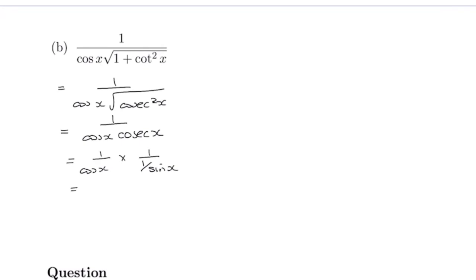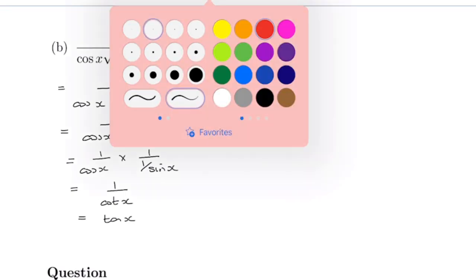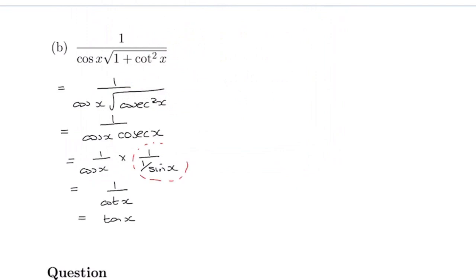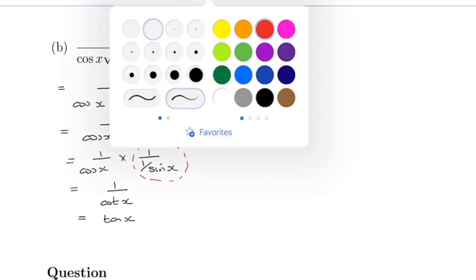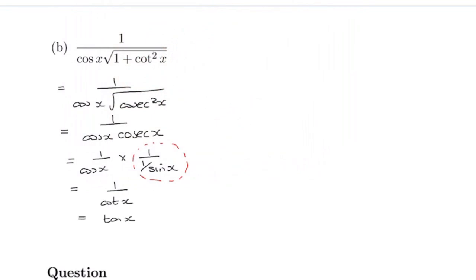Therefore cos over sin is cot x, which of course 1 over cot will be tan x. Now we could have done that earlier, because in this step you know that is 1 over 1 over sin x, could have written that as 1 over cos x times sin x, which of course is tan x, so we could have done it there.